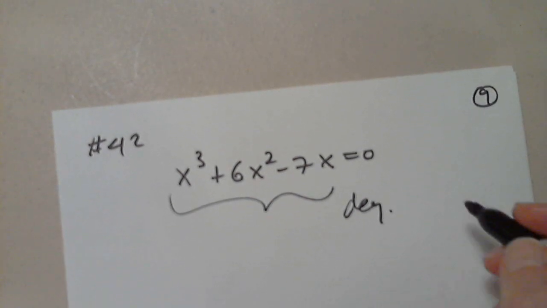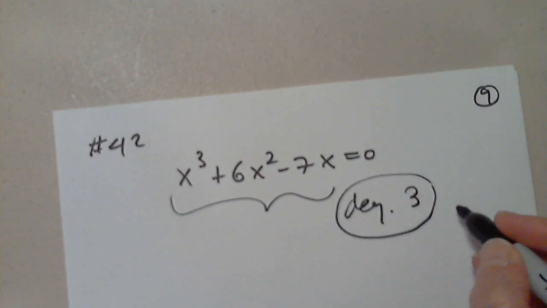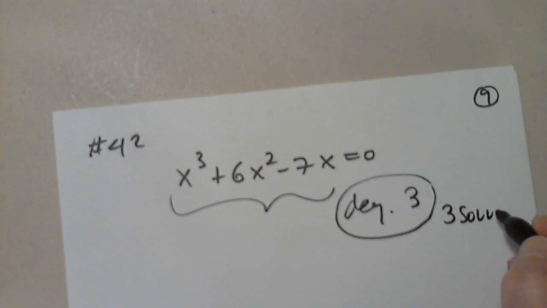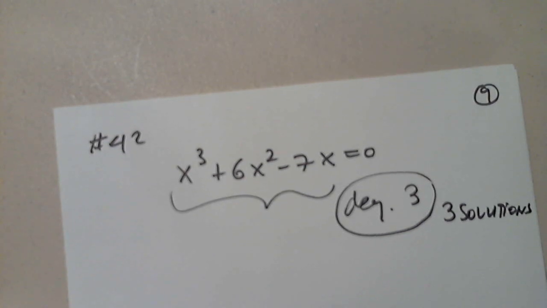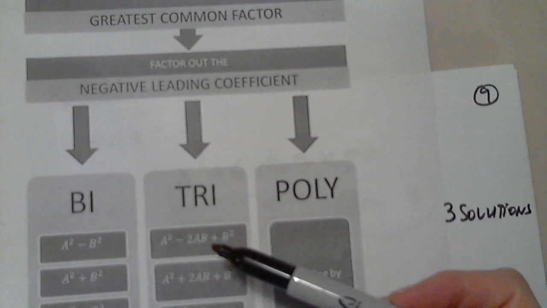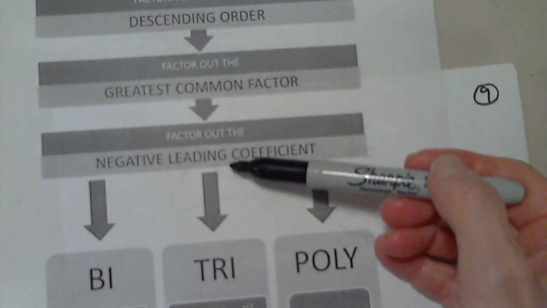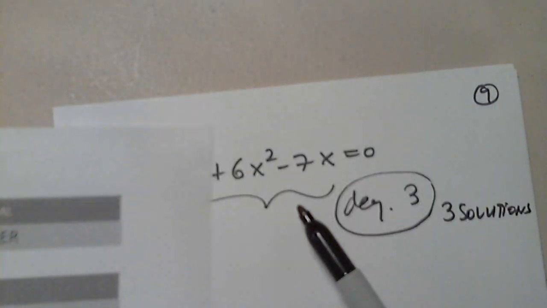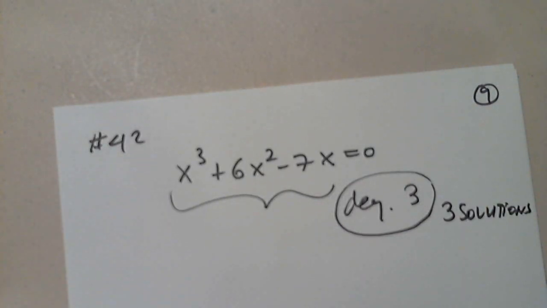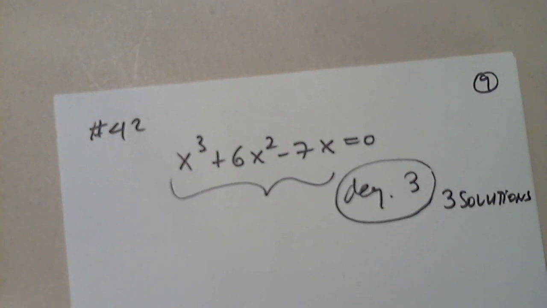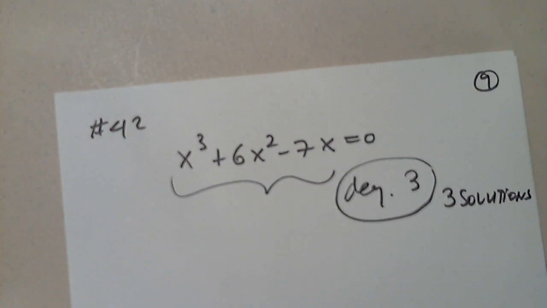3. Yes. If the degree is 3, we have to find 3 solutions. Real, imaginary, I don't care. 3 solutions. So, as we discussed, this is a trinomial, but I cannot skip these steps. Never skip these steps. Descending order, yes. Greatest common factor, yes. What is the greatest common factor for this?